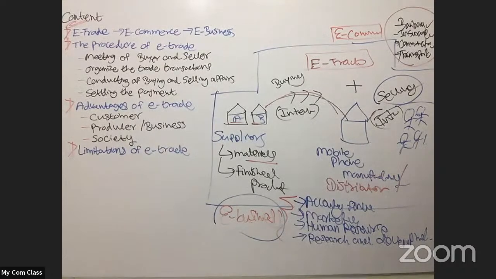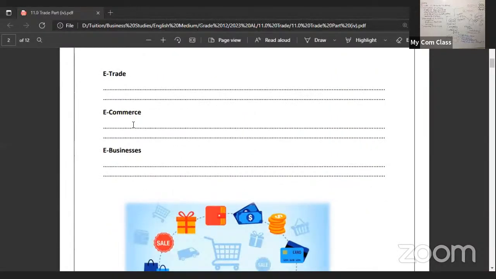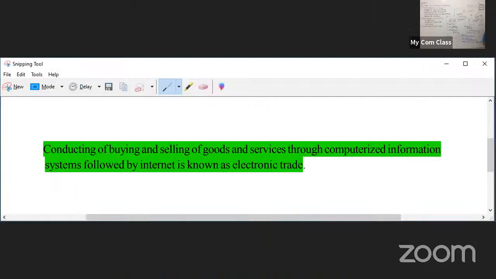So we have electronic trade. Shall we write? Conducting of buying and selling of goods and services through a computerized information system followed by the internet. There is no computer system without the internet.